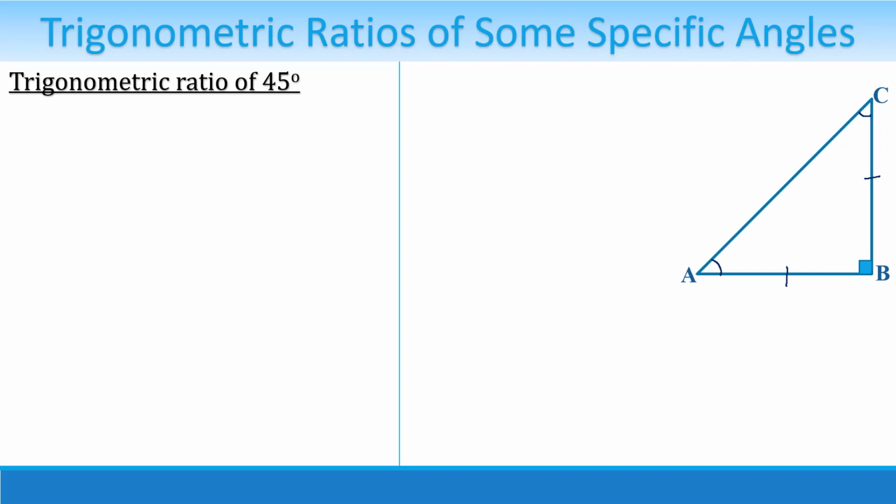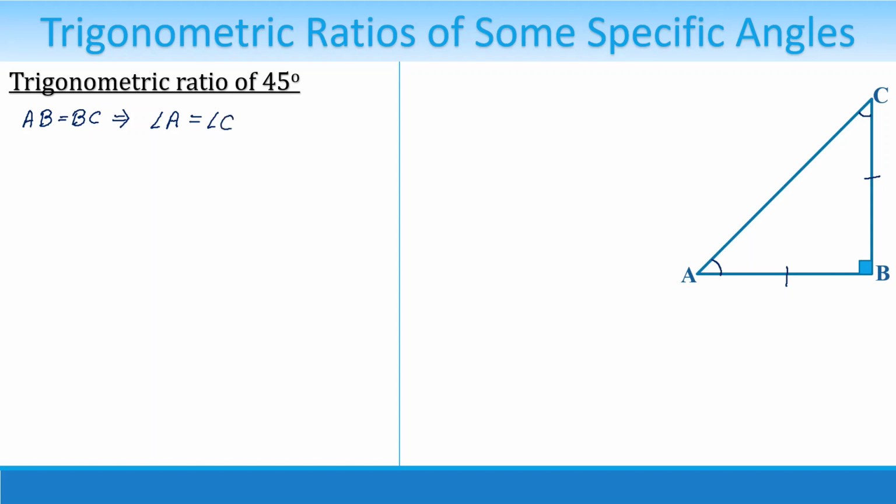Like for this triangle, if AB and BC are equal, then this gives us that the measurements of angle A and angle C will be the same.